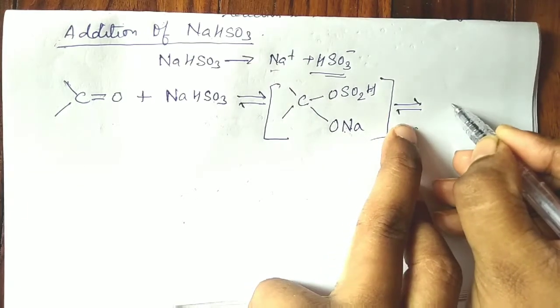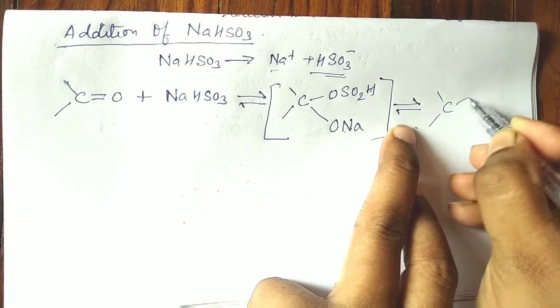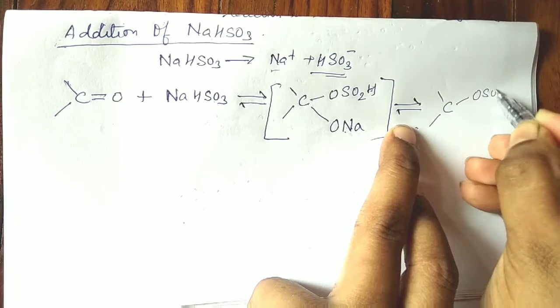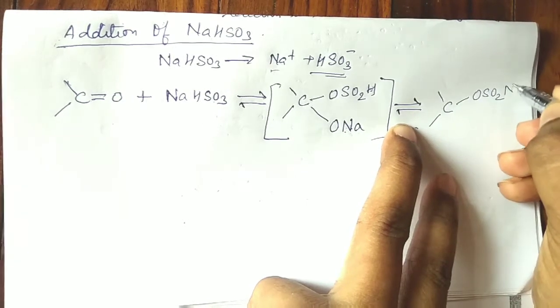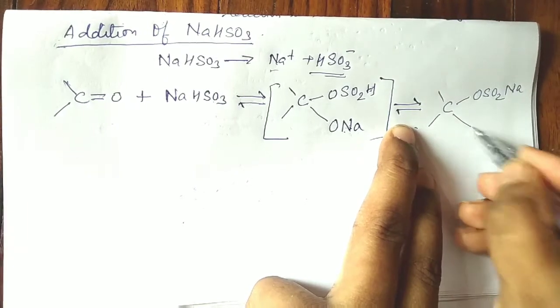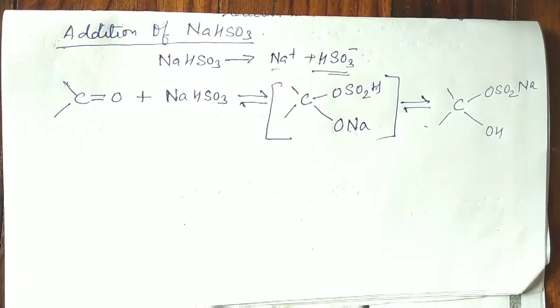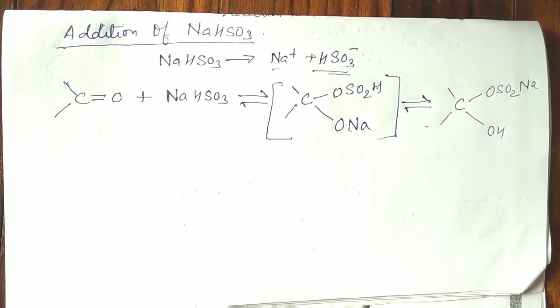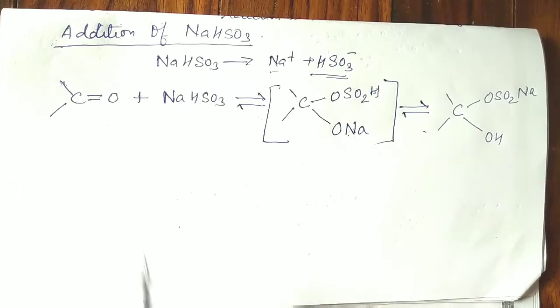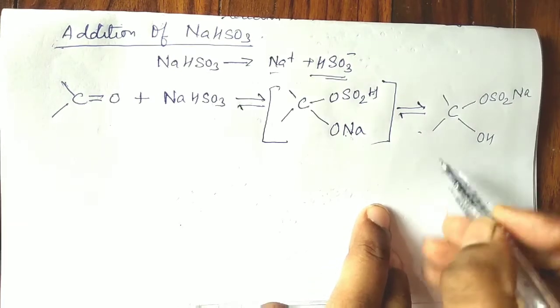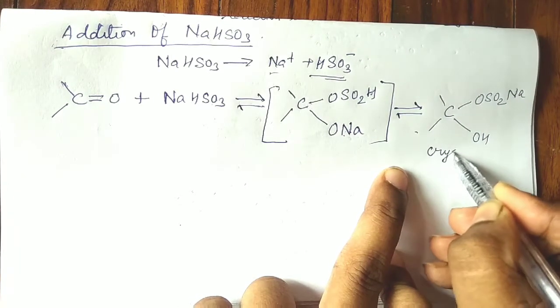So the product form will be Na here and OH here. So this is the product form, and this is known as the bisulfite addition product. And this reaction is used for purification of carbonyl compounds because this product is crystalline in nature and is water soluble.